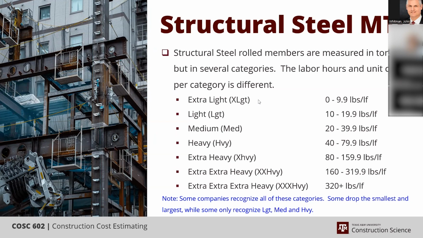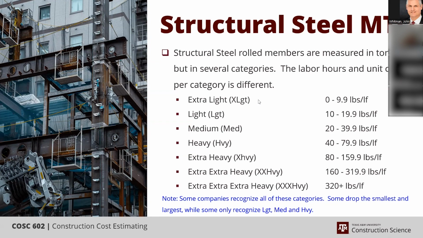As steel gets heavier and heavier, you are moving more weight with the same motion effectively. So the connections take similar amounts of time and effort, regardless of the type of connection, because each bolt takes so many minutes to handle, thread, and tighten.